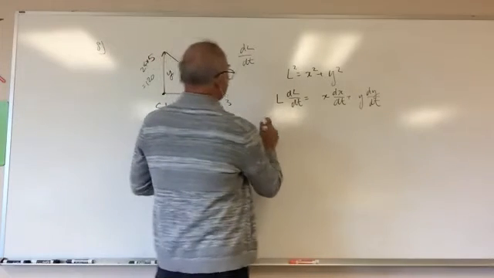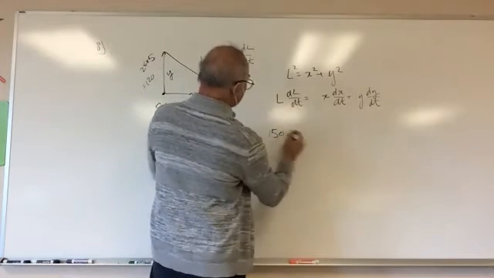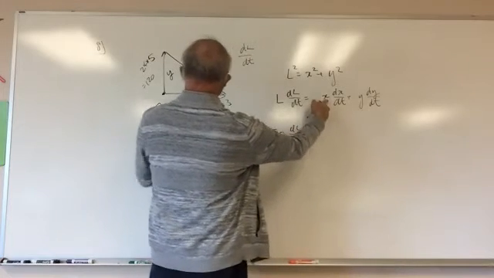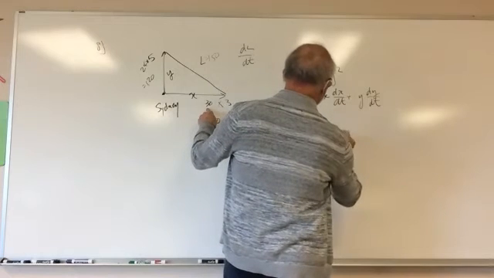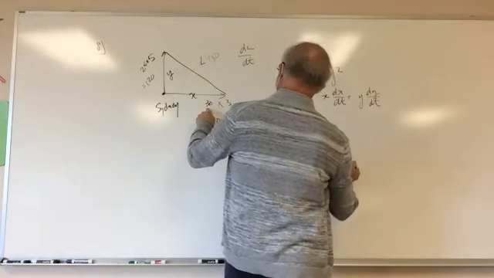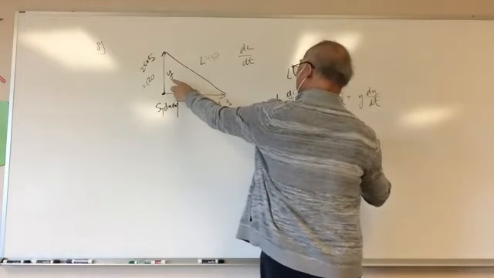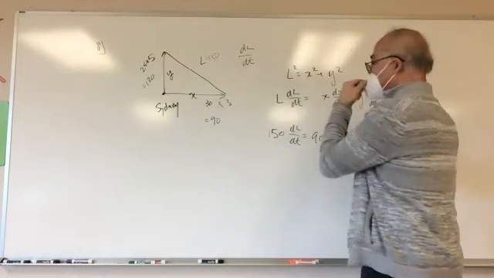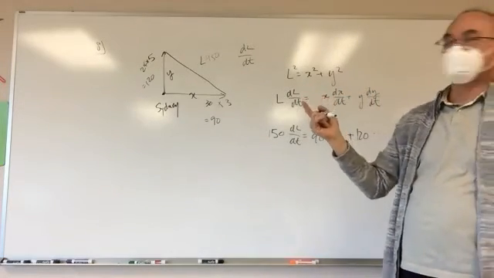But I know that right now, at this instance, 150 dL/dt is equal to x, which is 90, times dx/dt, which is 30, right? 30 knots per hour. Plus y is 120. And dy/dt is what? 24, right?